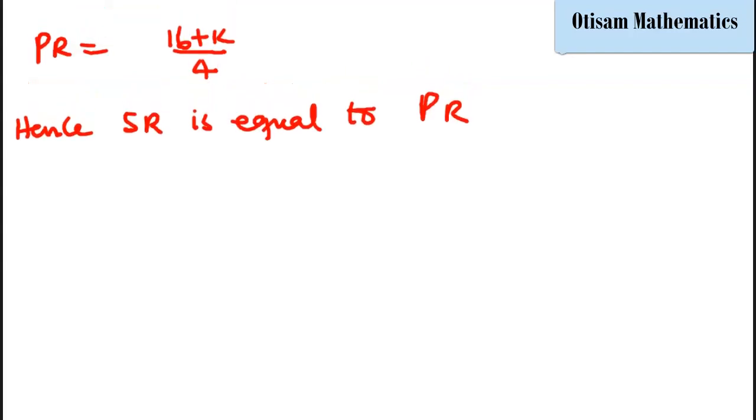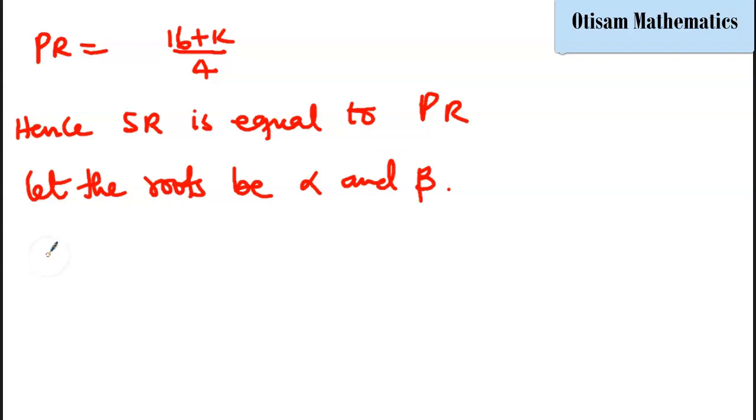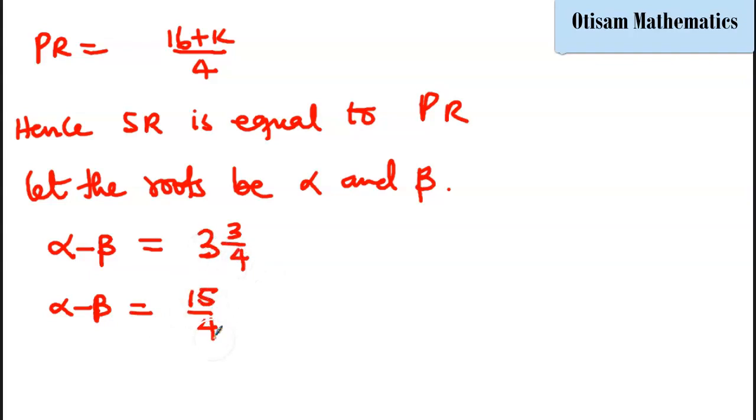To find that, let the roots be alpha and beta. Now we are saying that the difference is 3 on 4. So we have alpha minus beta is equal to 3 whole number 3 on 4. Okay. So alpha minus beta will be 15 on 4.